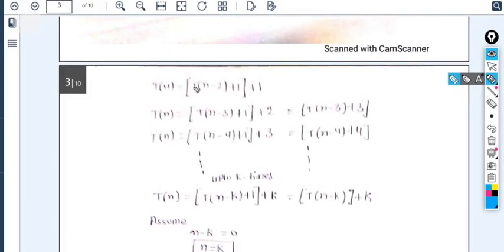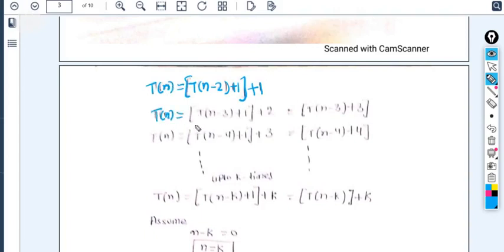If it is not clear, I'm giving you the clarity over here. This is T(n-2) + 1, plus 1 over here, and this is T(n). Next, substituting the value of T(n-2), it will be T(n-3) + 1 + 2. Why is it so?